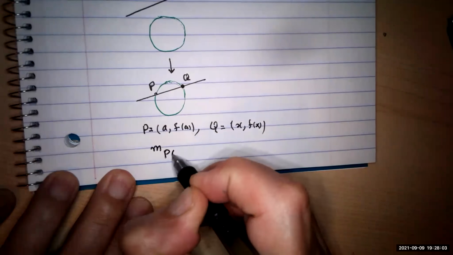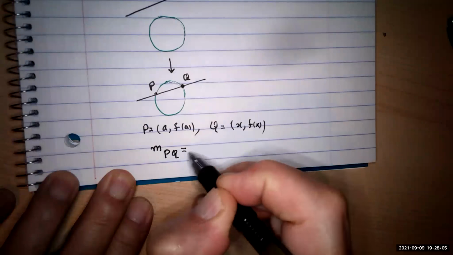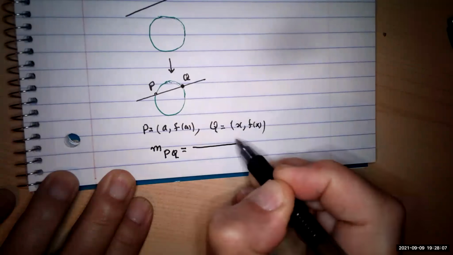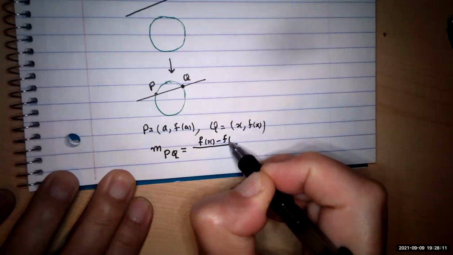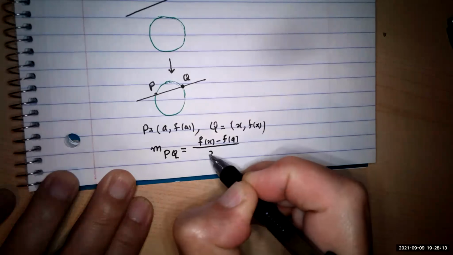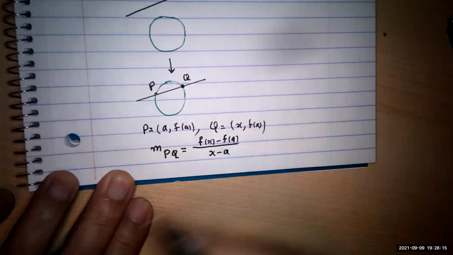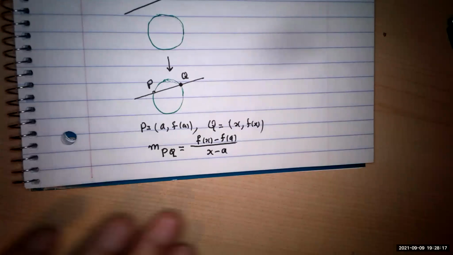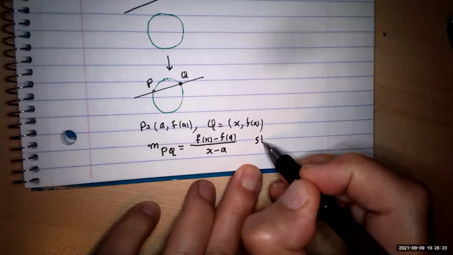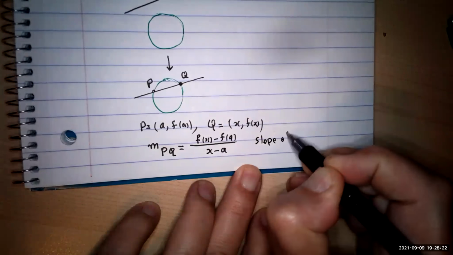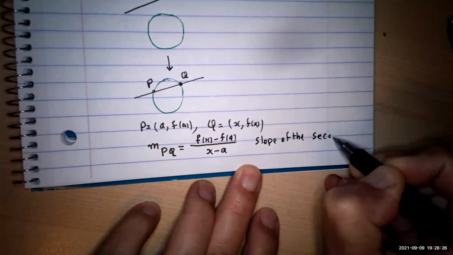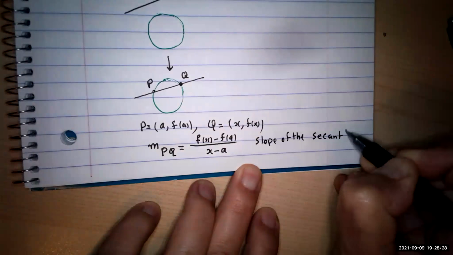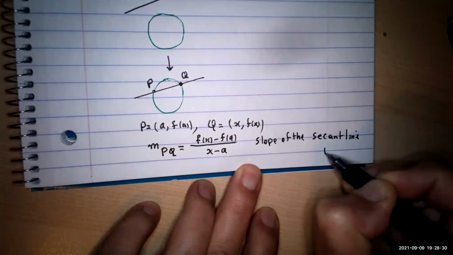The slope of PQ is going to be equal to y2 minus y1, f of x minus f of a, divided by x minus a. This is going to be the slope of the secant line PQ.